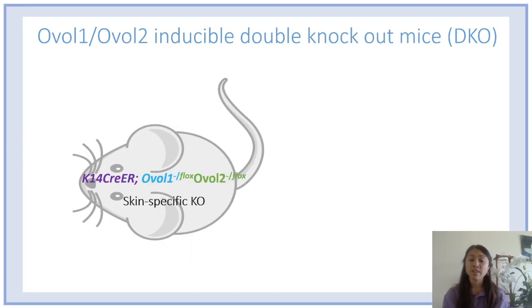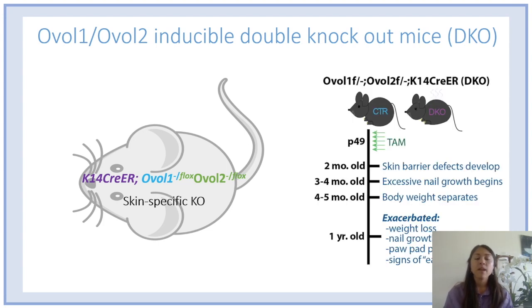And so in order to understand both of these proteins, we've actually deleted both of them in the skin specifically. And when we do this, we can actually see that first barrier defects develop, then excessive nail growth, followed by a separation in body weight. And if you age these mice, all of these symptoms become worse.